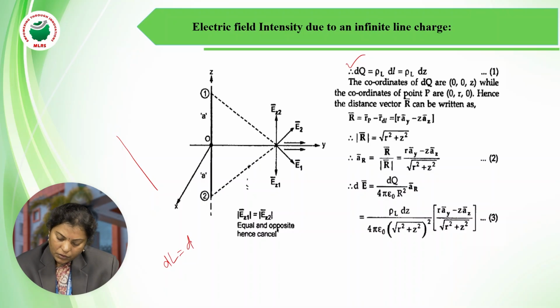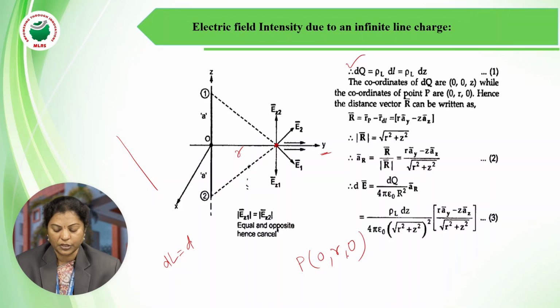The coordinates of this dq are 0, 0, z, since it is along the z axis. The point P is located on the y axis, so its coordinates are 0, r, 0. It is separated by a distance r, and there is no z component, so z is 0.